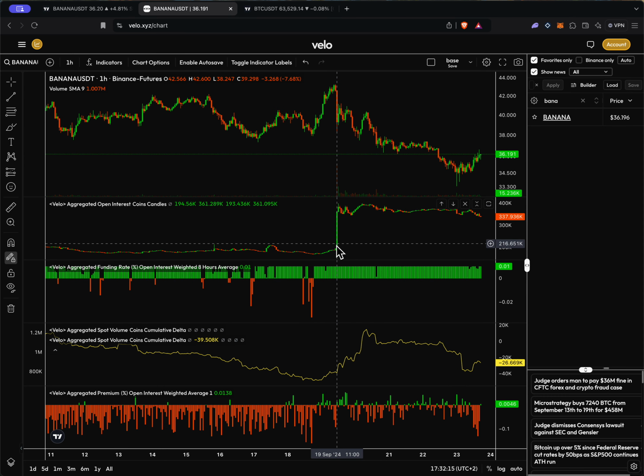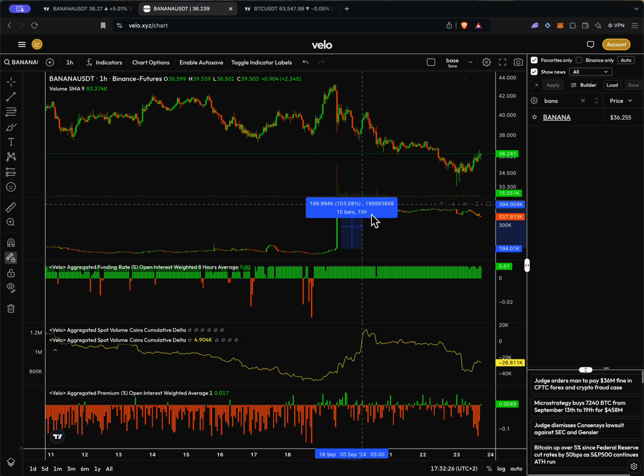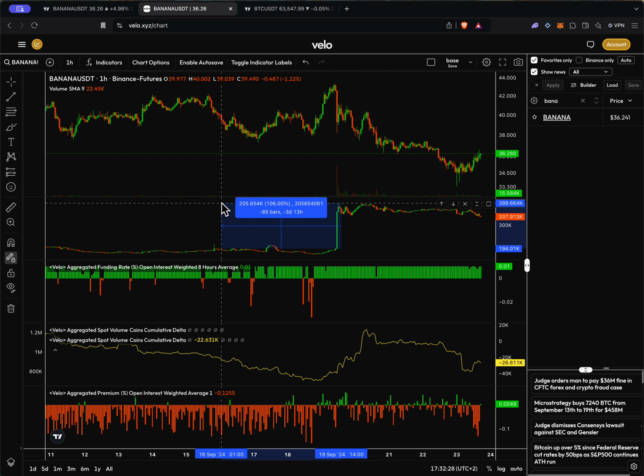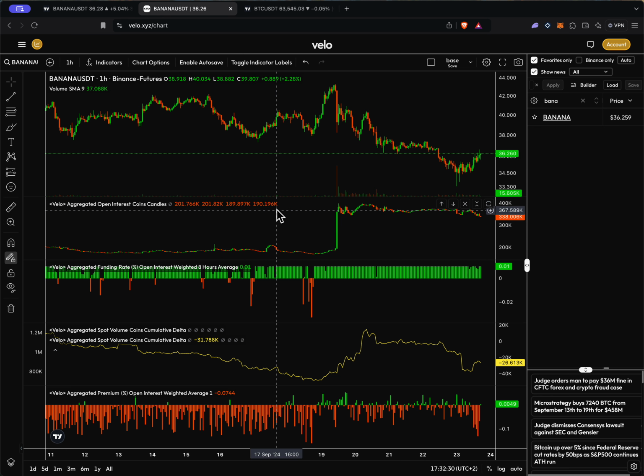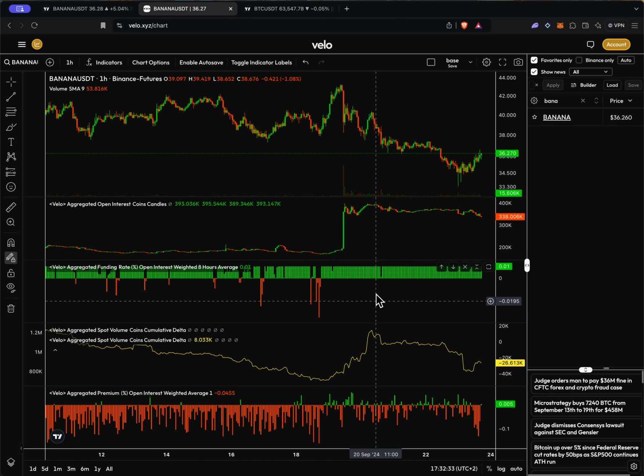And we see that we had a very big short opening from the highs of 43, because we see the OI, the open interest, jumping quite a lot. It basically doubled, while there has been quite some spot accumulation. Price dumped a lot, spot was accumulating.